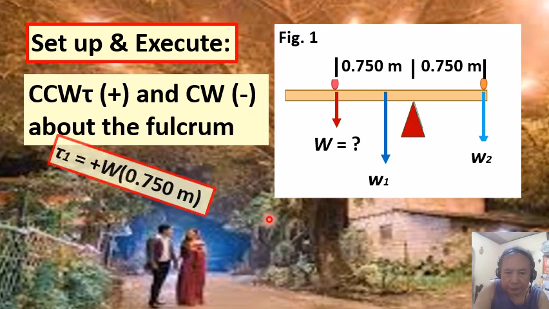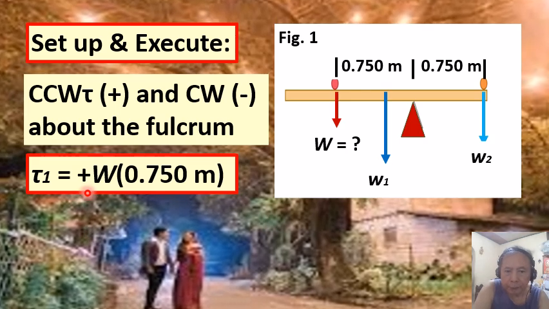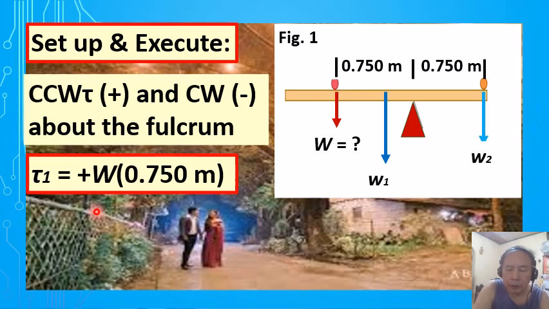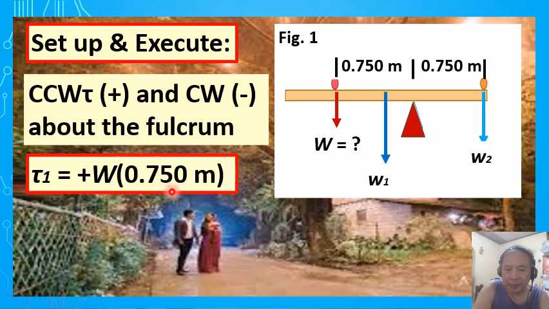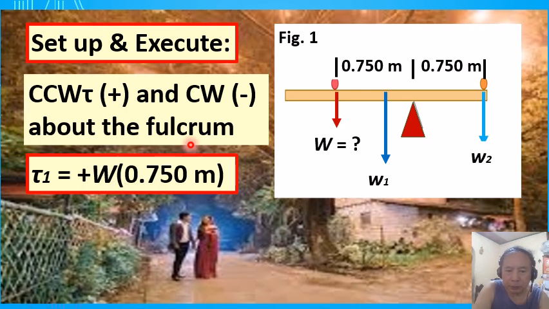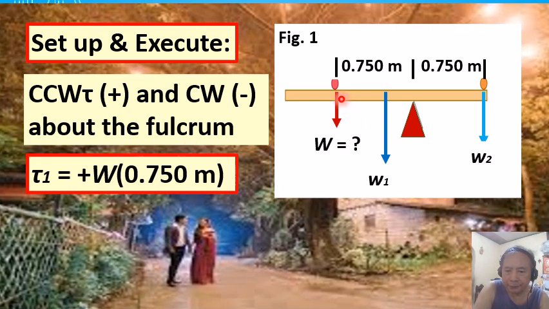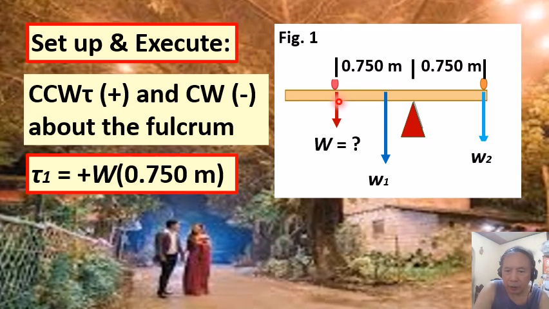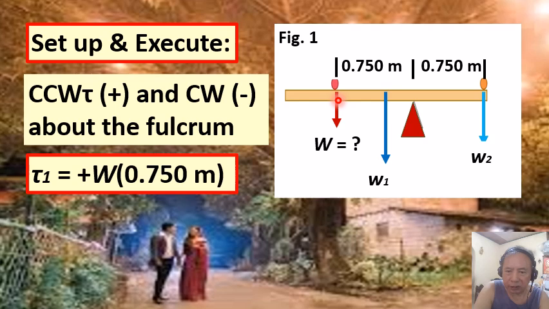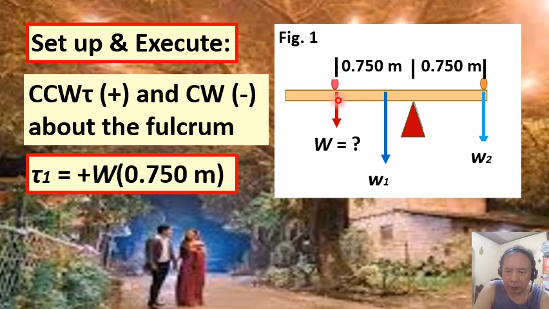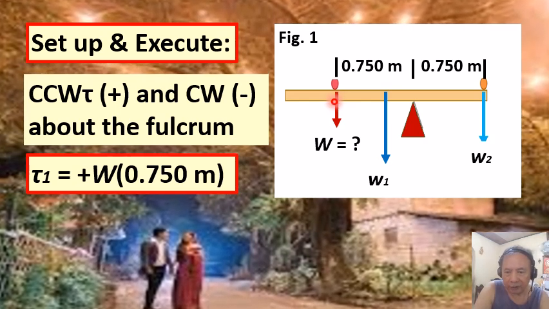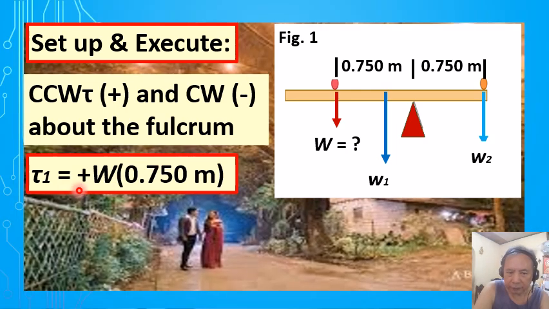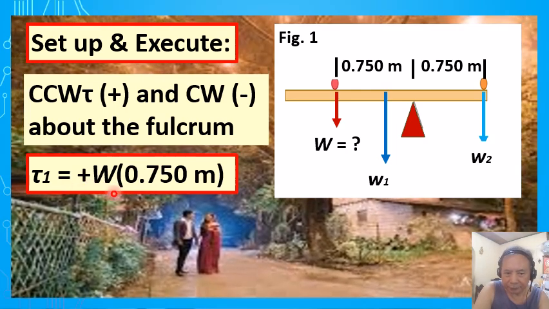So, the torque that is produced by the unknown weight W has the tendency to make the rod rotate in a counterclockwise direction. That's why we consider it to be positive, right?